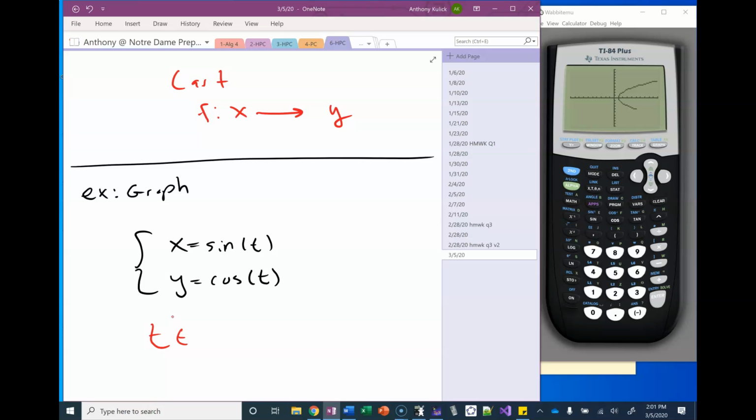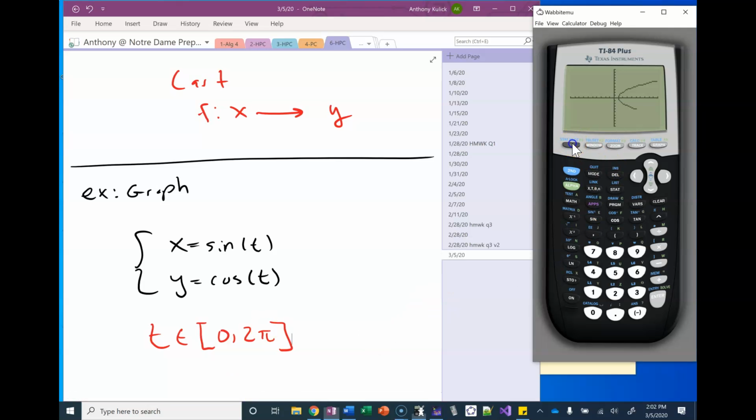So our interval that we want to choose for t should be 2 pi long. So what's an interval that has length 2 pi? 0 to 2 pi. That would be the obvious choice. So we'll use 0 to 2 pi.